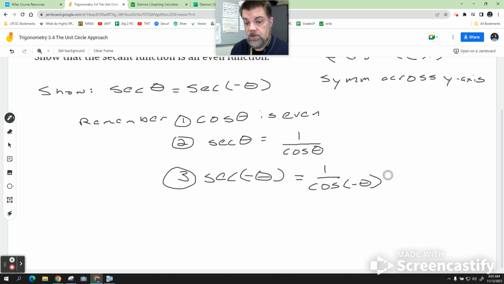Which is equal to, because cosine is even, 1 over cosine of theta. That's equal to secant of positive theta.